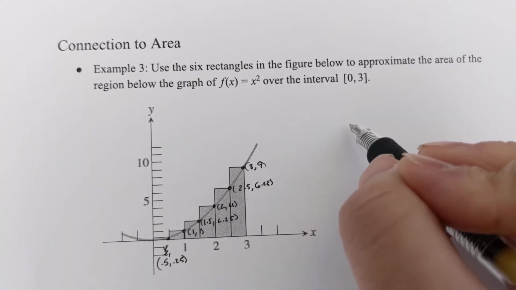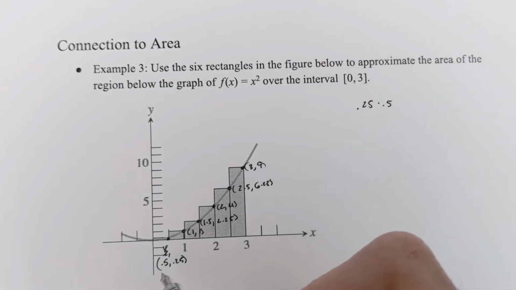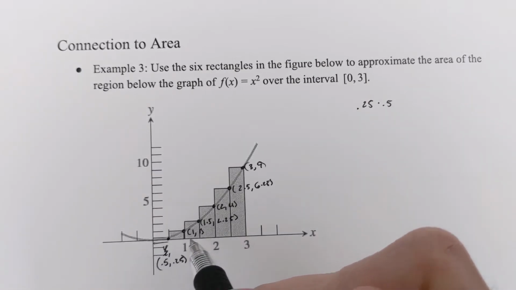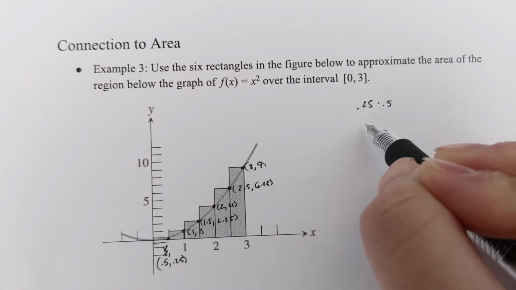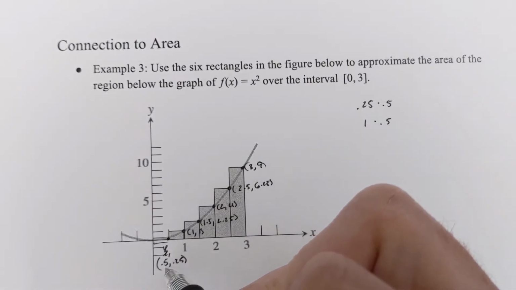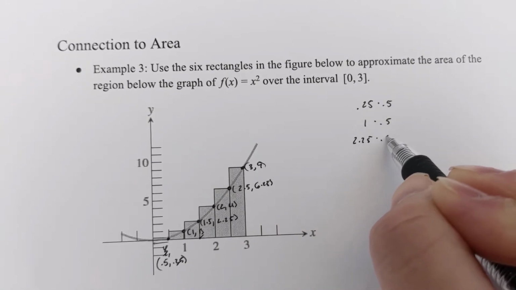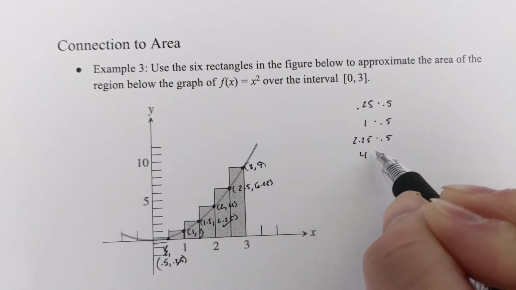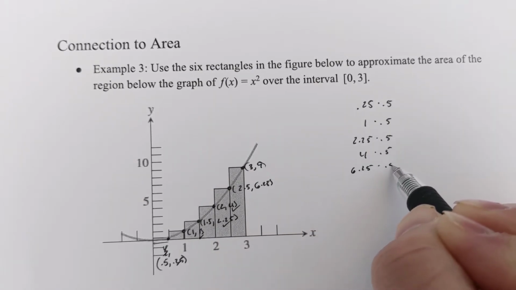So the first rectangle is 0.25 by 0.5. All of them are height by width. The second one is 1 unit tall by 0.5. Then we've got 2 1/4 by 0.5. Then 4 by 0.5. Then 6 1/4 by 0.5.